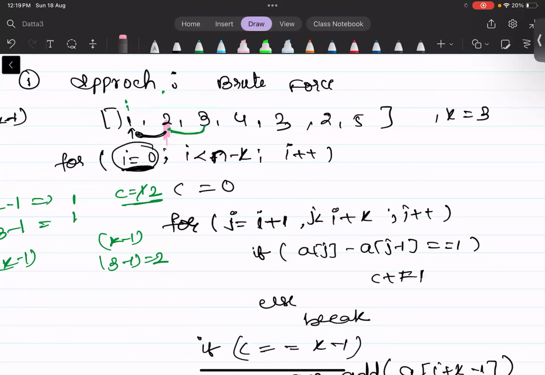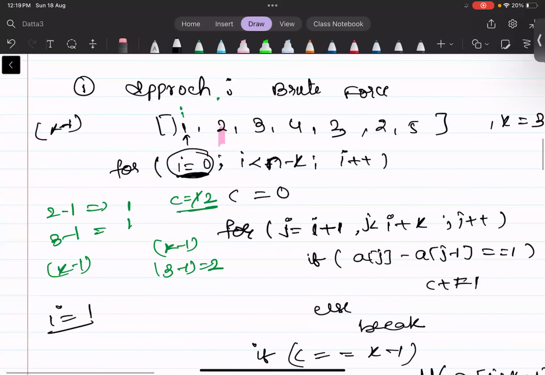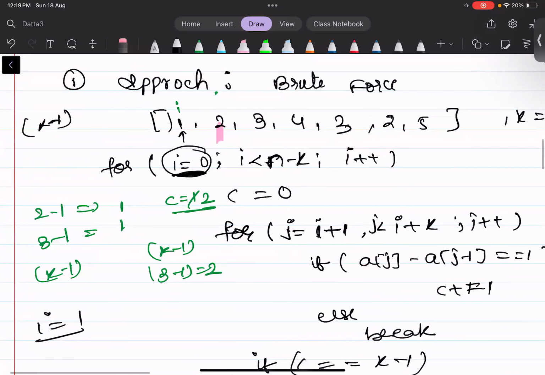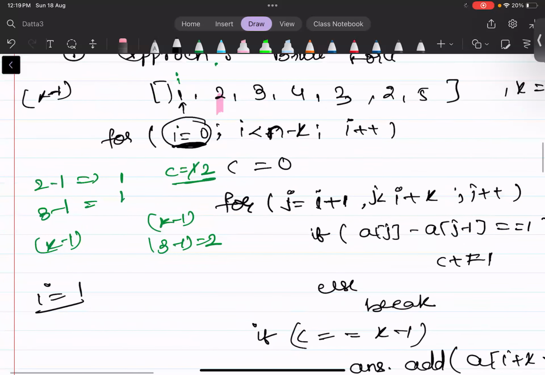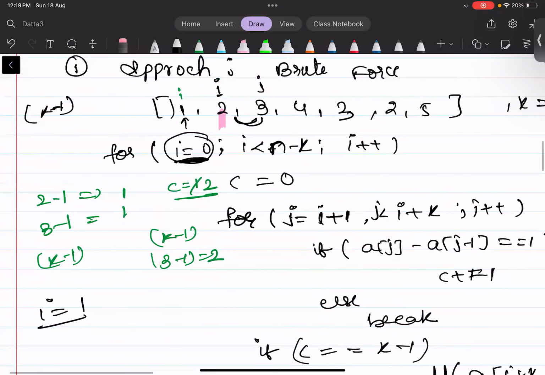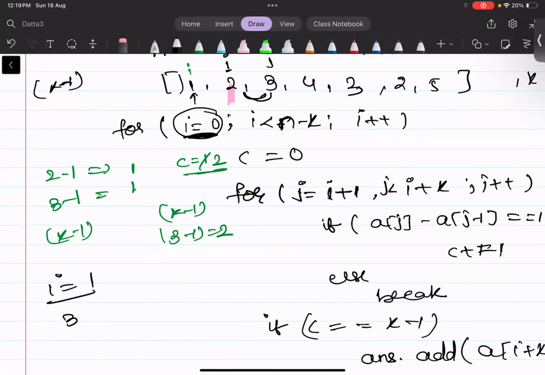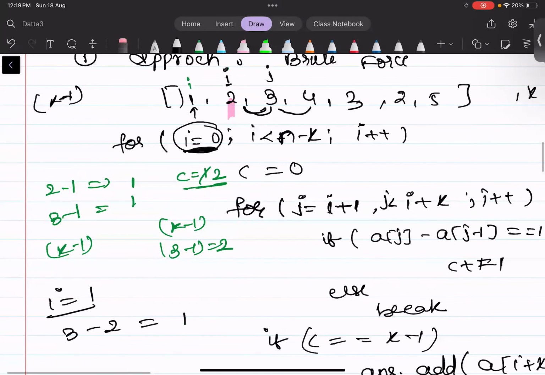Now for next, whenever my i becomes 1, my j will start from i plus 1. Now I'm going to check whether these two pair of elements differ by 1 or not. Now 3 minus 2 is 1, so I'm going to increase my count.